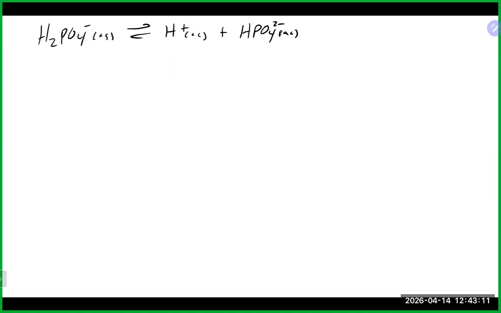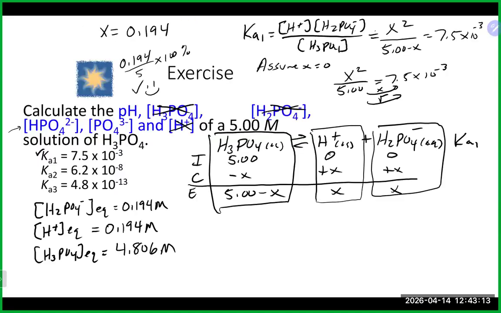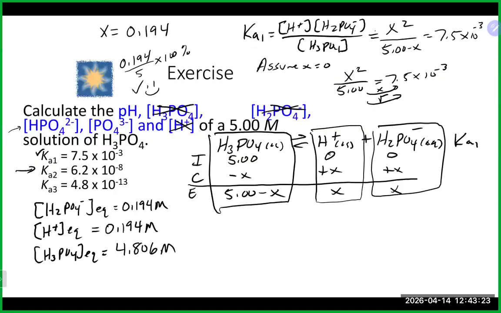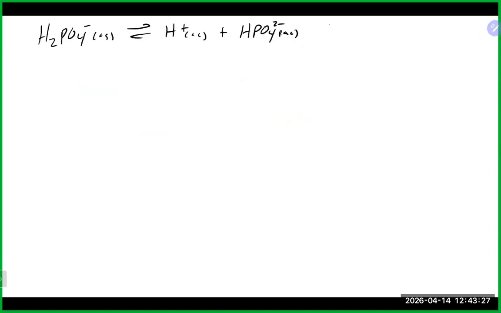In this particular case, that is our Ka2 action that is happening here, as that is the second hydrogen that's coming off. And our Ka2 there is 6.2 times 10 to the minus 8.